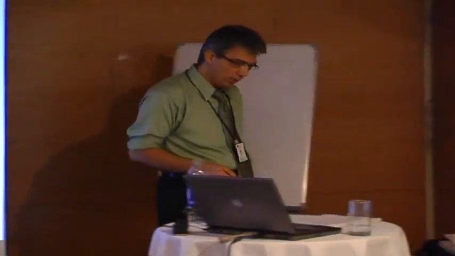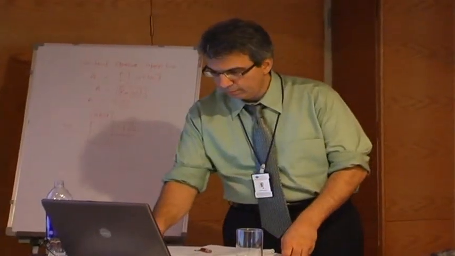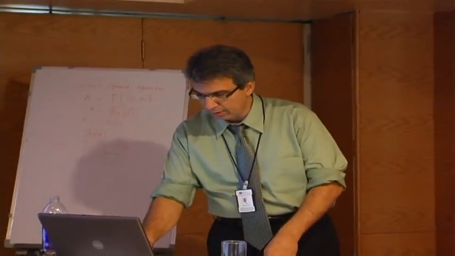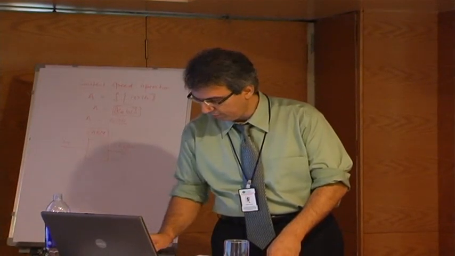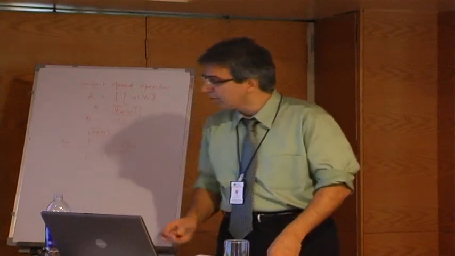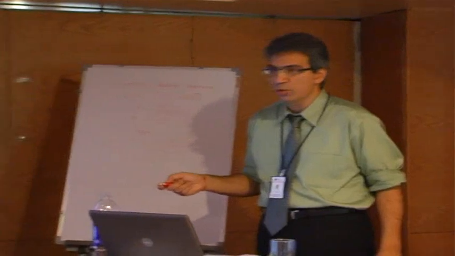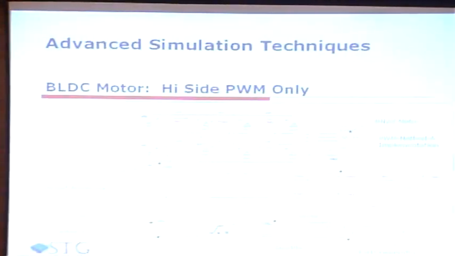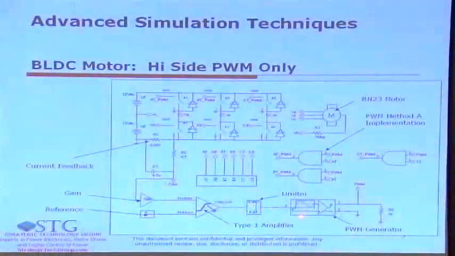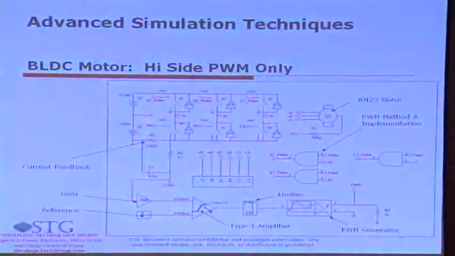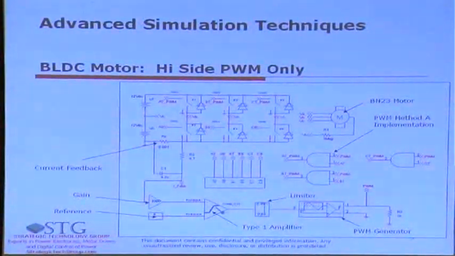Now, the limiter block is more of a practical insertion than a theoretical one, because in real life, if you don't have a limiter block, you run into shoot-through issues. Let's say I put this limiter at even 0.99, and I'm running at very high frequency, even 20 kilohertz.